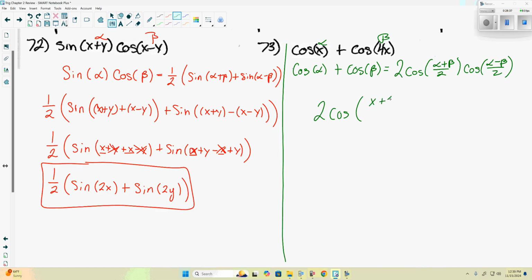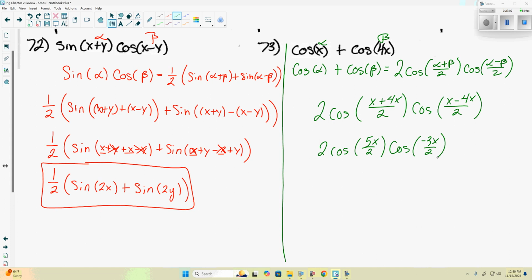So we'd have x plus 4x over 2 times cosine of x minus 4x over 2. X plus 4x is 5x over 2, and x minus 4x is negative 3x over 2. And that's it.